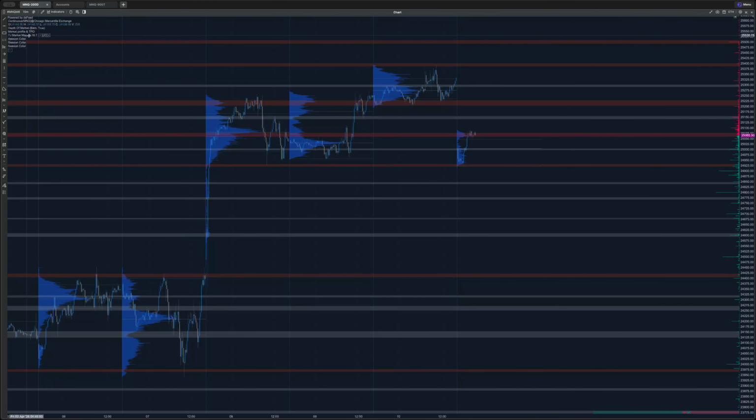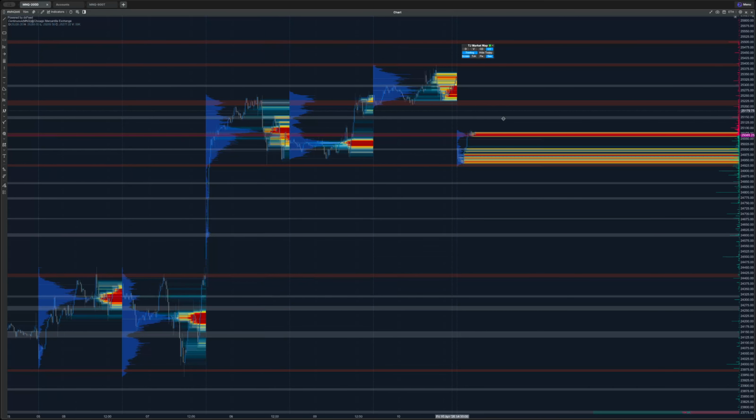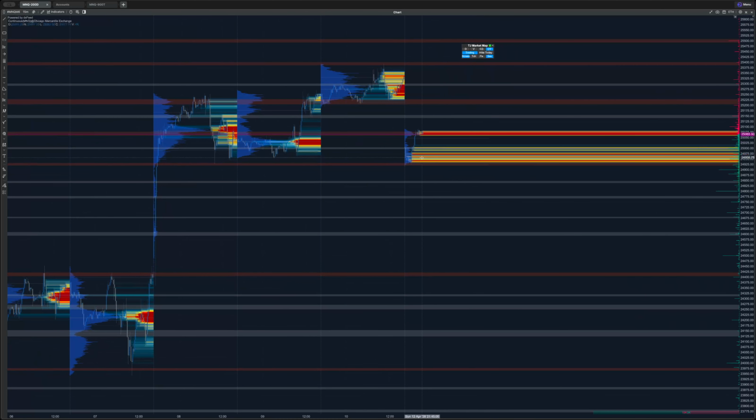Looking at the market map, the market has been trading here. Might be a nice little area to trade range here. It's about 100 ticks. So once the market goes down here, getting a trade back in could be one of the trading strategies.